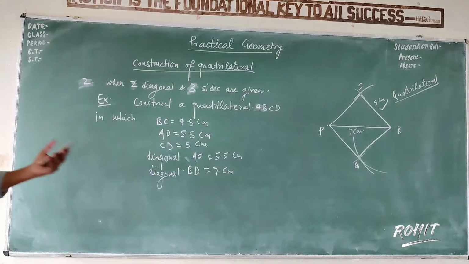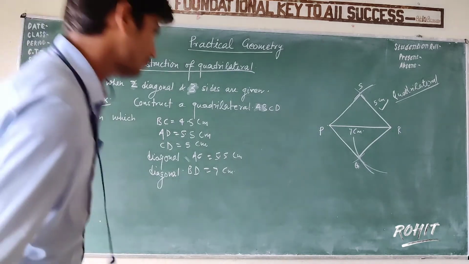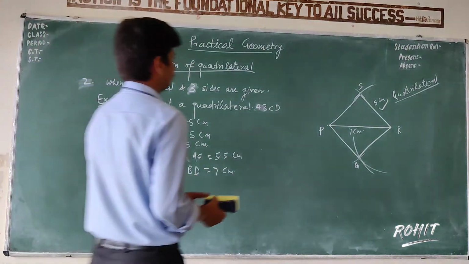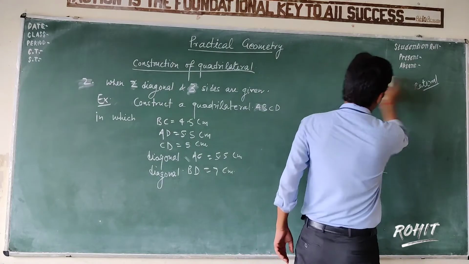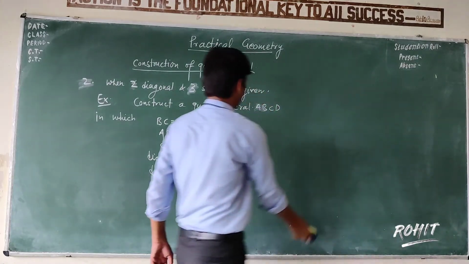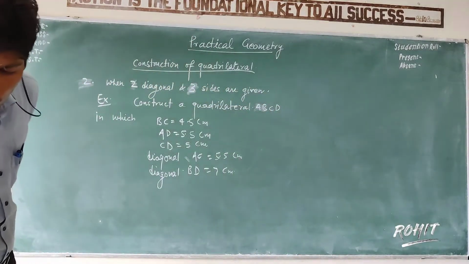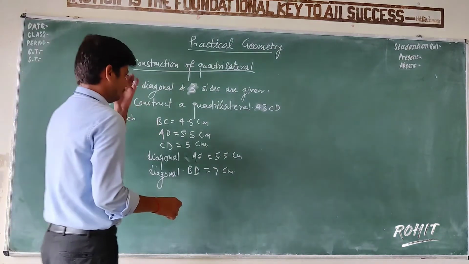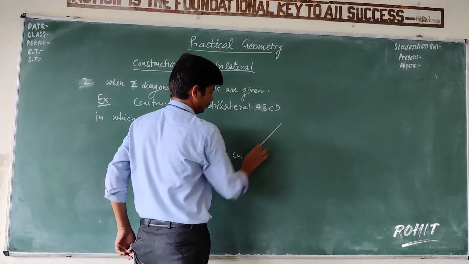So using this information, we have to construct the quadrilateral. Now first make a rough sketch. Quadrilateral ABCD means this.